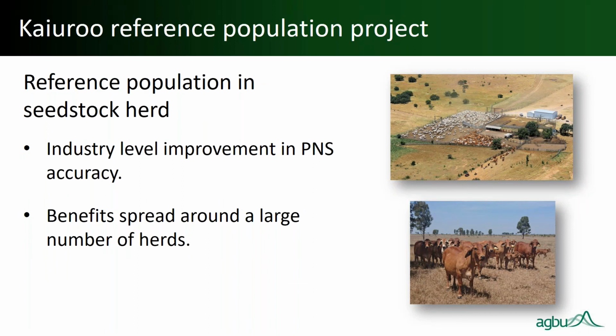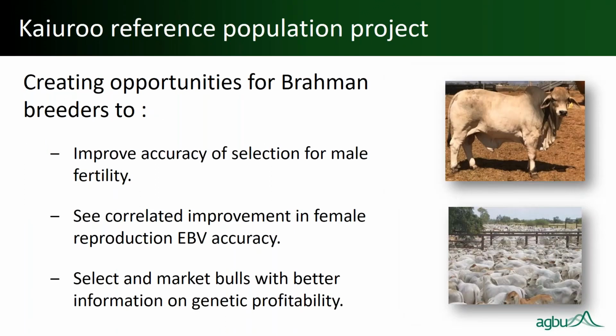So I think overall, an industry level improvement in percent normal sperm breeding value accuracies and benefits to the entire breed on the back of this recording in this herd. And it was a fairly economical way to drive that improvement in accuracy. And it's a model that I really found was effective.